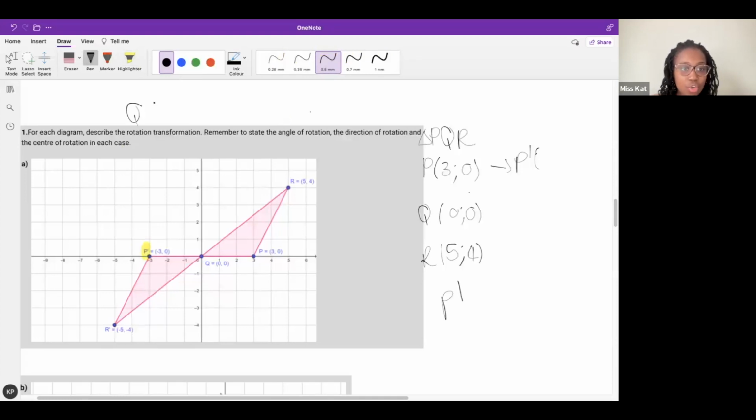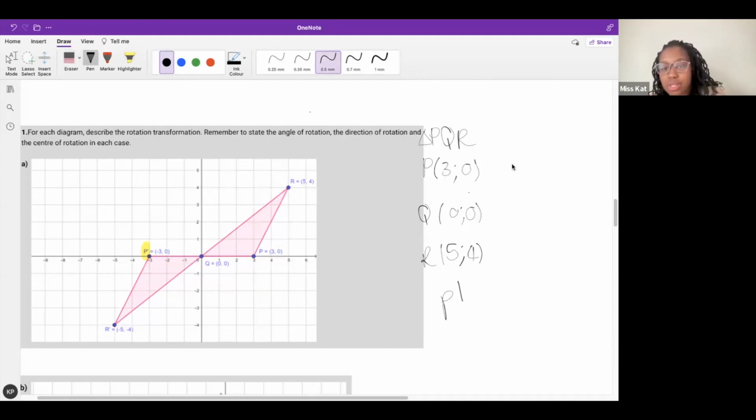So it says Q, but there's a little line there. So that means it's not the original. That means it was taken from the original. So it's telling you that we started from P and then we rotated it or we reflected it or we did whatever, and we ended up with P prime. That's how we know which one was the original.